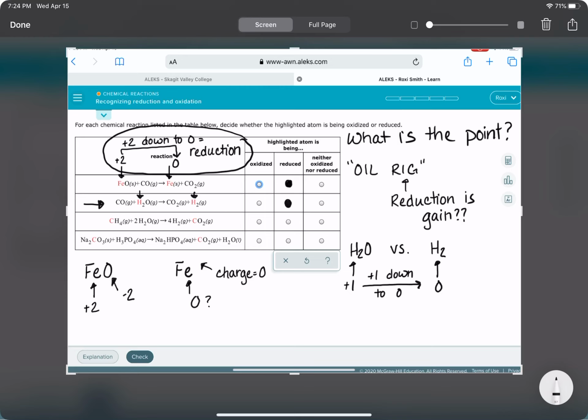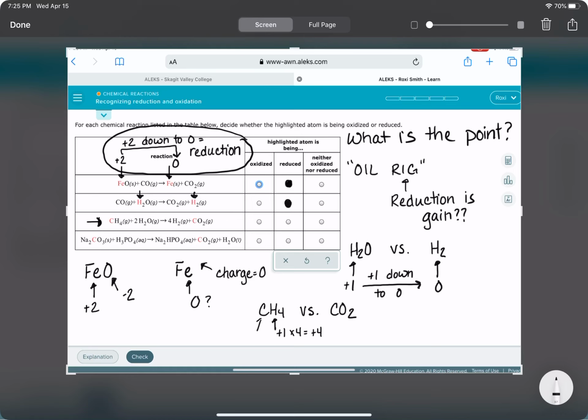Let's look at our next reaction. In the next reaction, we are focusing on carbon. That's the highlighted atom. We have a CH4 versus a CO2. So we need to figure out the oxidation number of carbon. We know that hydrogens are +1, and we have 4 hydrogens altogether in CH4, so that's a total of +4.